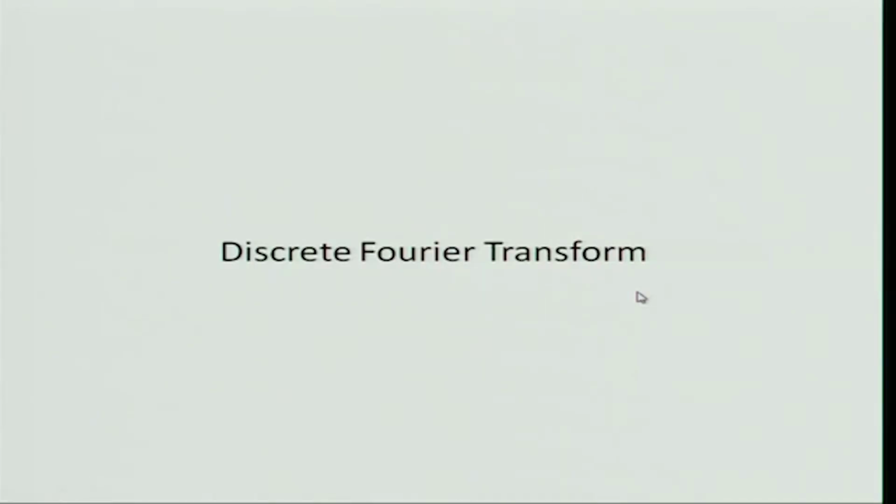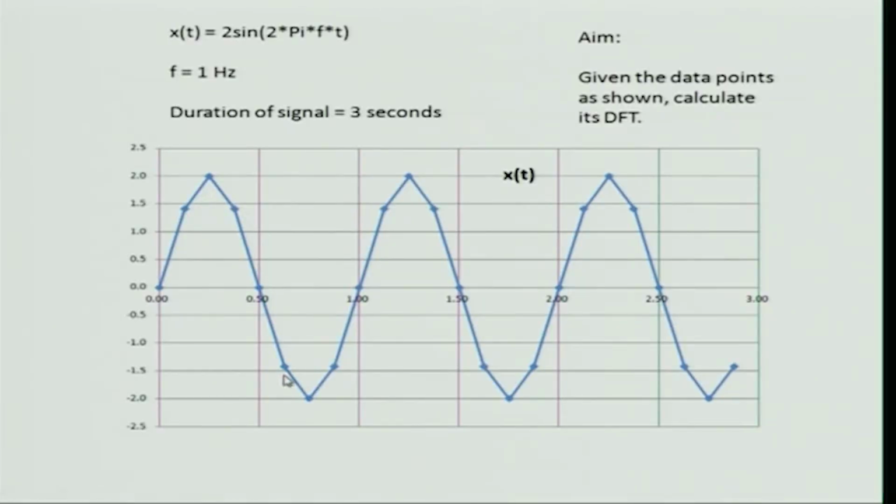These are the points which we have generated, and using these values, this is x0, this is x1, so these individual points are values of xn. So this is x0, x1, x2, x3, x4, so on and so forth. And as I go on for 3 seconds, this is my x23. I have a total of 24 points, but because my numbering starts from 0, I end up with x23.